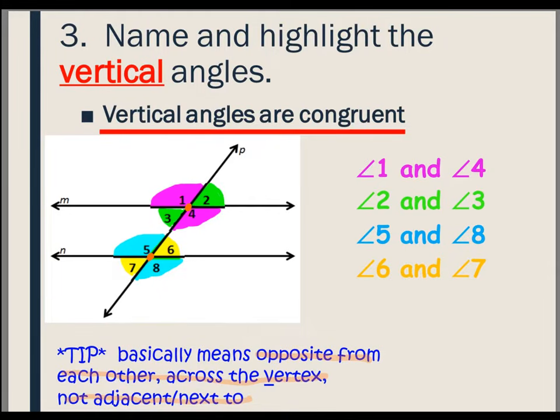So angles 1 and 4 are across from each other, so they are vertical, and they are also congruent. And remember, congruent just means they have the same measurement. Angles 2 and 3 are vertical, angles 5 and 8, and angles 6 and 7 are vertical. So those would be your 4 pairs of vertical angles here.